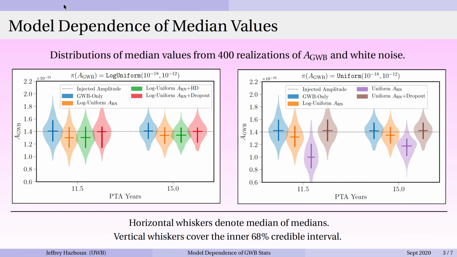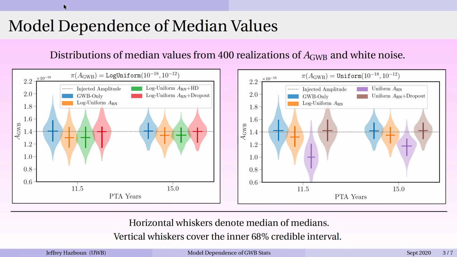And so the results are all shown in aggregate. We ran 400 realizations of each of the different types of analysis with these 400 different injections. And we did the analysis at different slices of the data set. This is 11.5 and 15-year slices. You really only need to look at one slice and compare amongst that. The conclusions are basically the same.